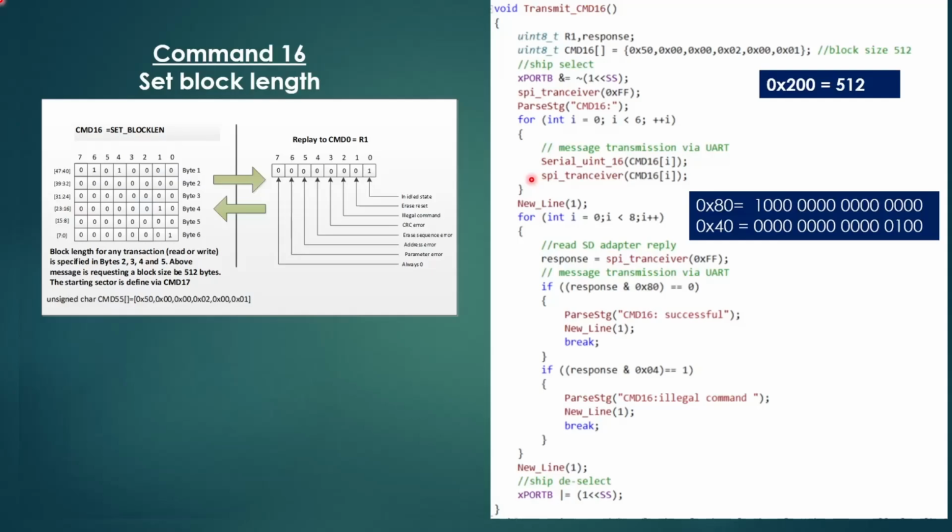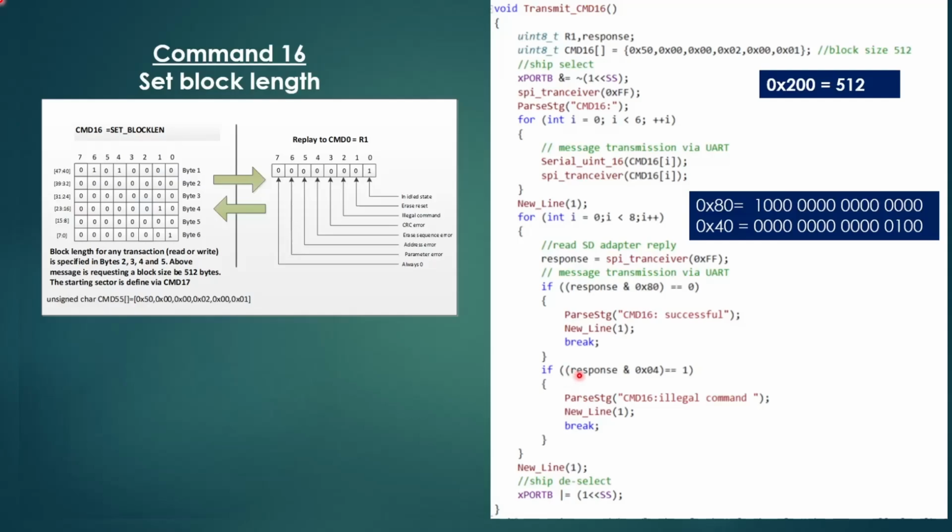Now, once we've concluded this, we have a couple of things that we have to check for. The first thing we check is to make sure that the command was transmitted successfully. That's going to be checking the response after the transmitted command and seeing if bit 7 is 0. If that's true, then we are successful. There is one more item that we need to check here, and it deals with the transfer.